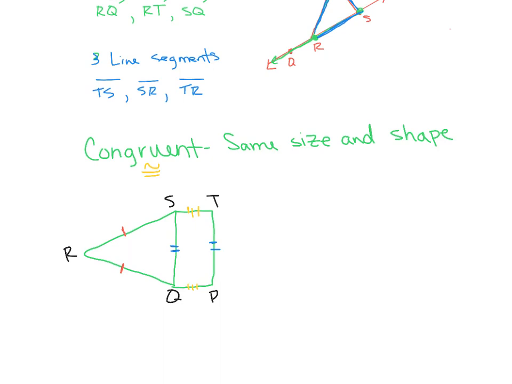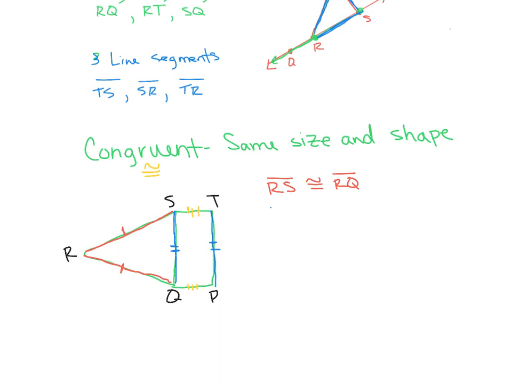So if you look at this, this line has one red tick mark, and this line has one red tick mark. So they are congruent to each other. So you could say RS is congruent to RQ. And if we keep looking, this side has two blue tick marks and this side has two blue tick marks.